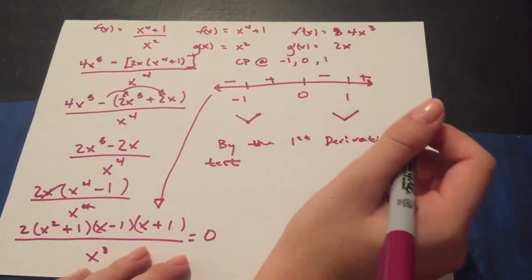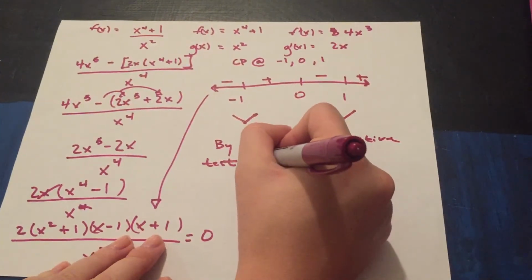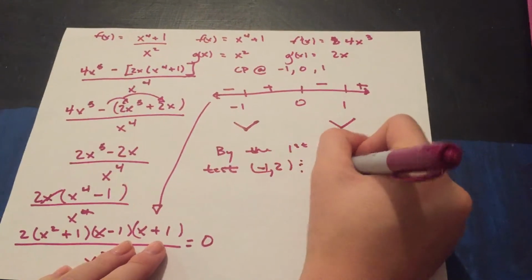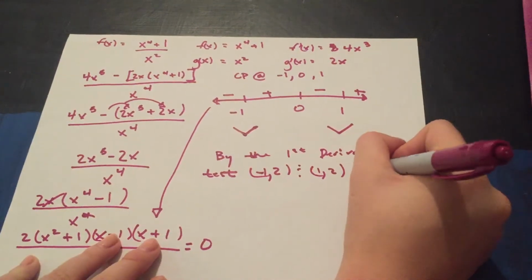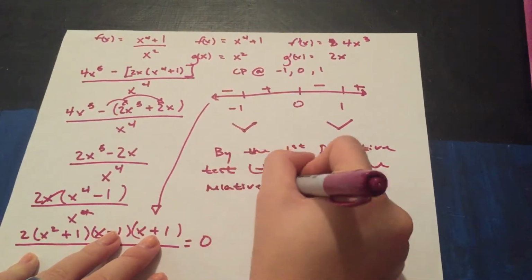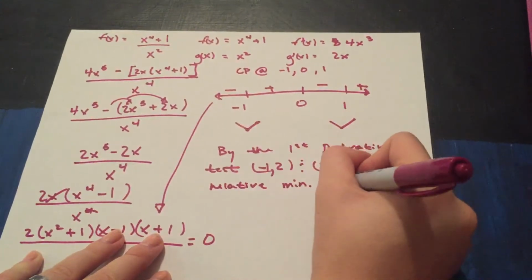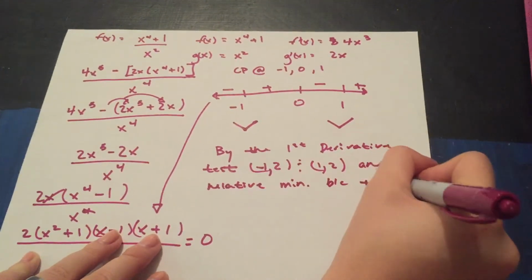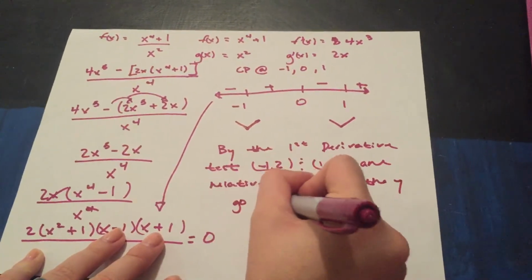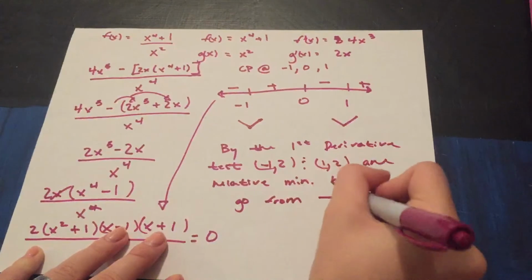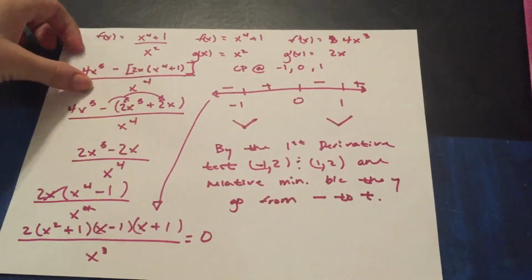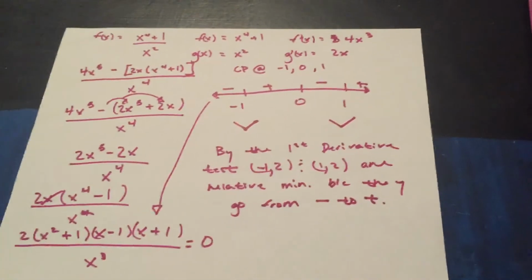So when we plug that back in, we're going to get (-1, 2) and (1, 2) are relative minimums because they go from negative to positive. So that is the first derivative test.